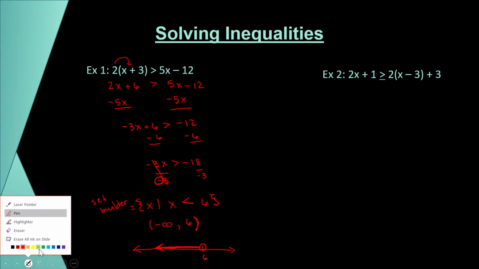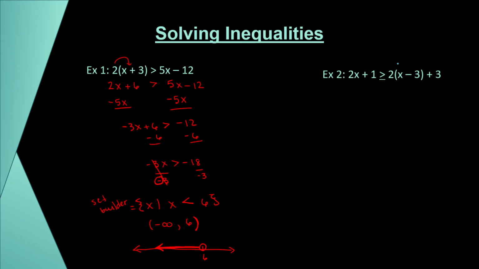Okay, now let's do this one. Again, I'm going to start by distributing the 2. I'm going to combine my like terms here. So this gives me 2x minus 3. I need to get the x's together. I notice I have 2x on both sides.